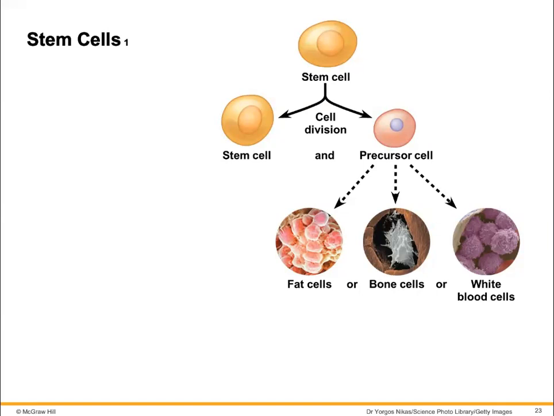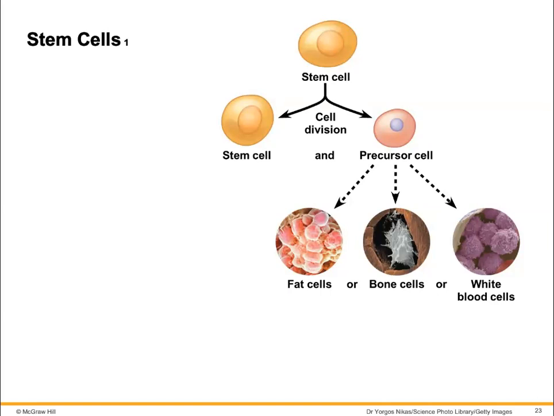And the very basic understanding of this is that a stem cell will most often go through mitosis to leave behind a stem cell that can then continue to make more stem cells. And then one of the cells will become a precursor cell and develop into a different cell type and therefore tissue type. Now, this typically happens based on the location in the body and differential gene expression. That is what dictates what the cell will become.